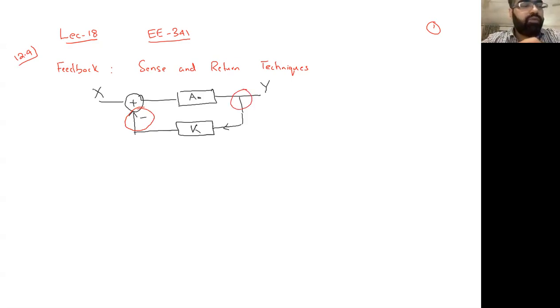But before moving forward, we need to see what we want to do. We are sensing a signal and returning a signal, or what? Here we can have either a voltage or a current. We know we can have either a voltage output or a current output.